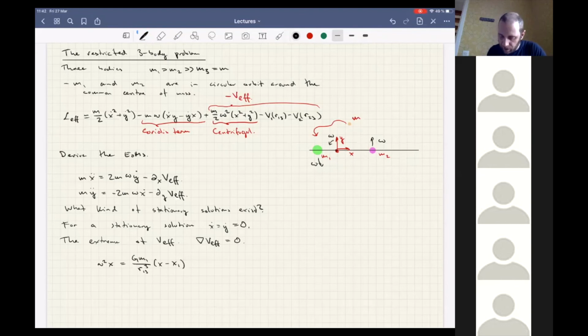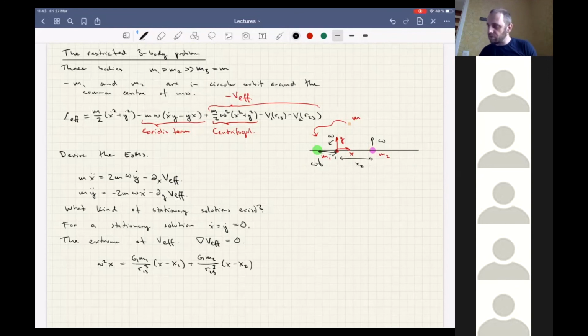So x1 being the position of the first mass here, being minus x1 since it's in the negative direction. In the same way, I'm going to define this as x2. And the second term is then G m2 divided by r23 cubed times x minus x2.